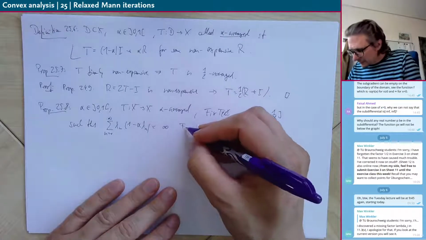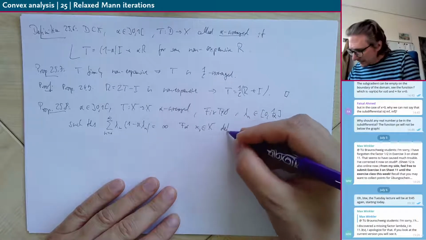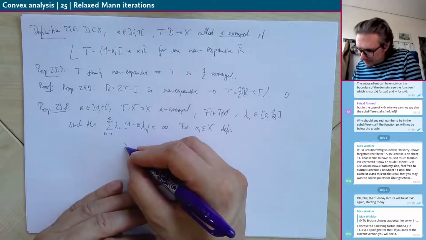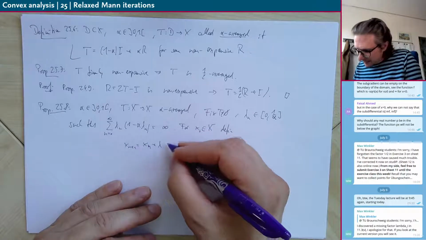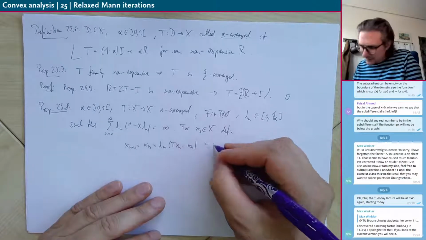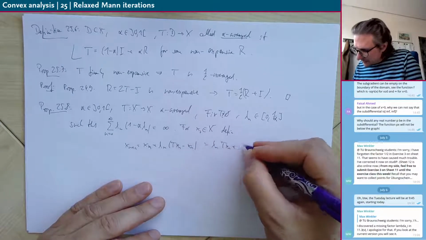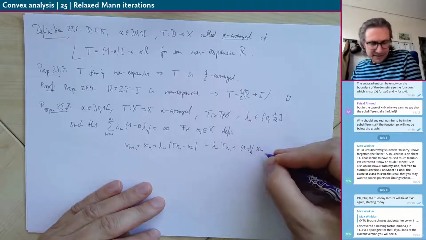So for x0 in X, we define the iteration as before: x(n+1) is equal to xn plus lambda n times (T xn minus xn), or put differently, lambda n T xn plus (1 minus lambda n) xn.